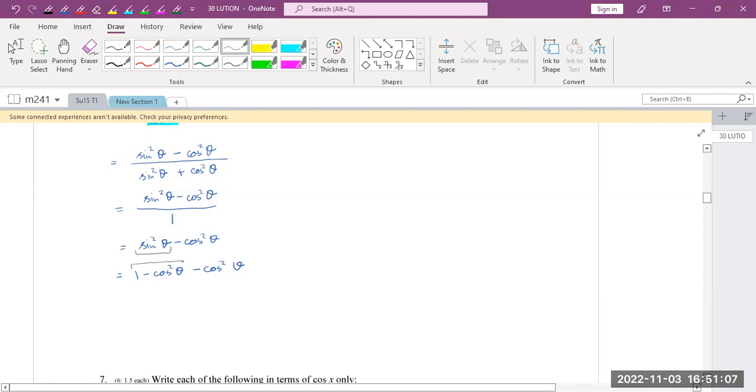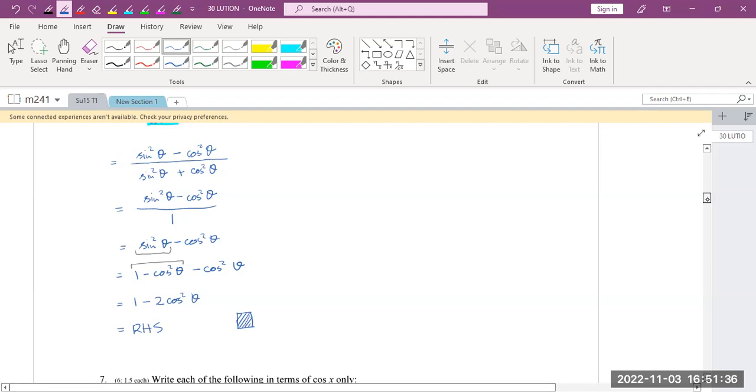Then in the next line, I combine the like terms, 1 minus 2 cosine squared theta, which is what we have on the right-hand side. And then you close the proof. That notation, the shaded square, says that's the end of the proof.